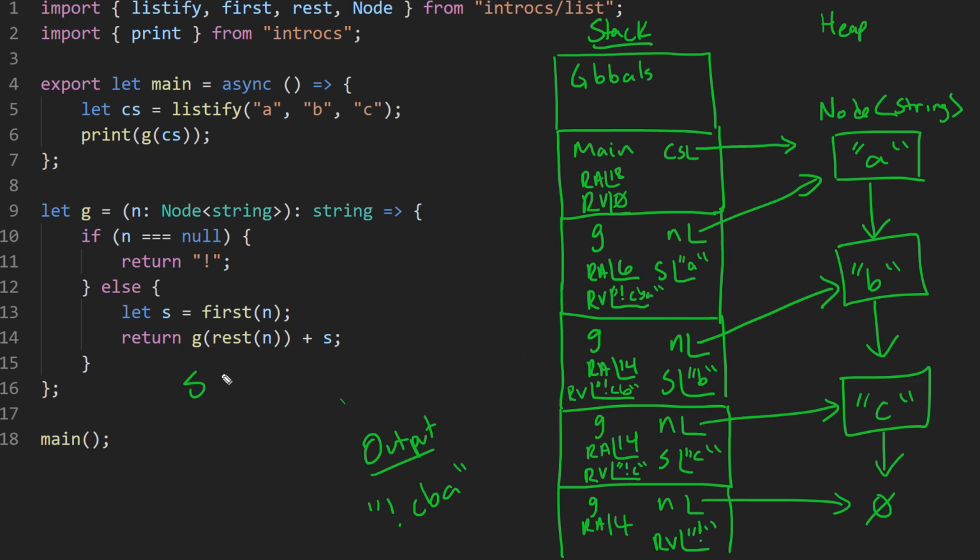If we had done s concatenated with g of rest of n instead, and flipped that concatenation, we would have ended up with ABC exclamation point. If you want to think through why that is, that's another good exercise as well.